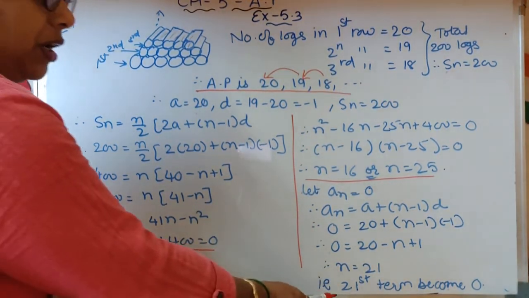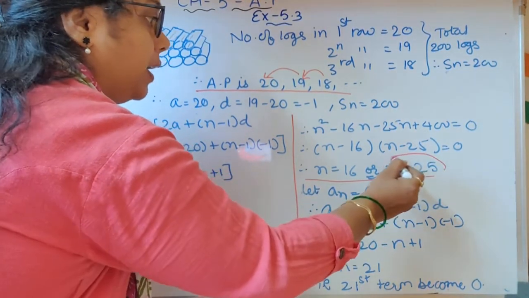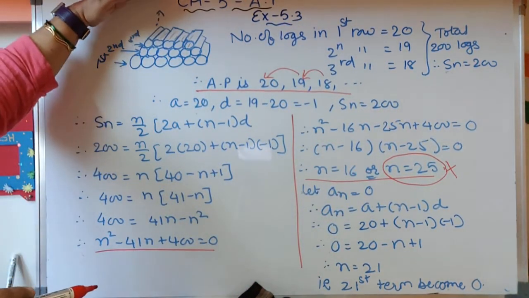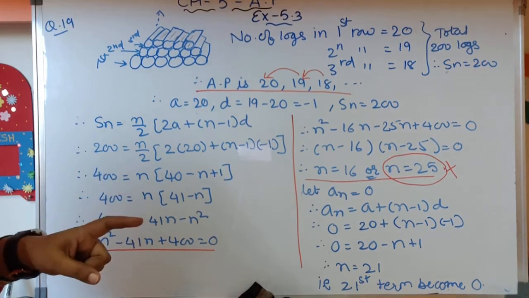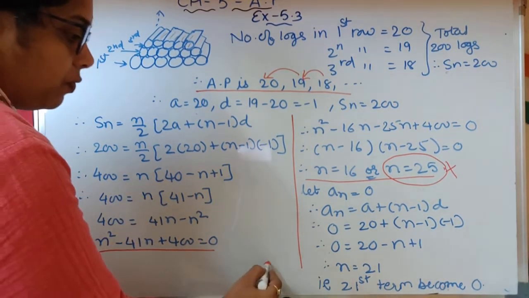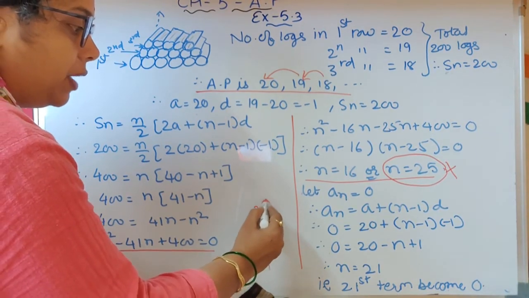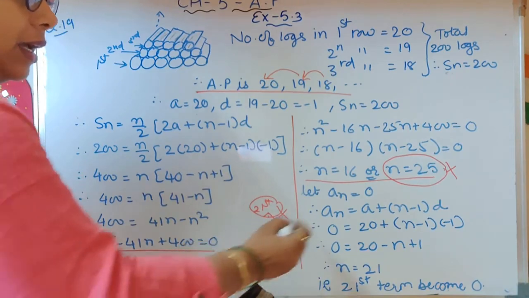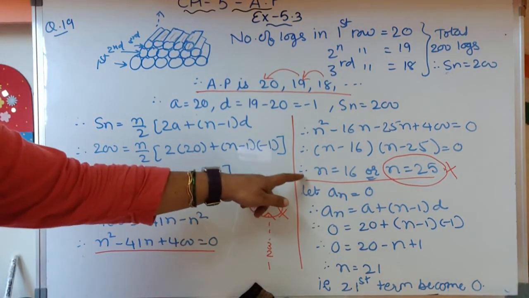If in the 21st term itself the log is 0, then for the 25th row it is not possible for us to move upward. Is it clear? I repeat again, as you go from the first, second, third row to the upward side, at the 21st row there is no log, and we got that n is equal to 25 by the factorization method.